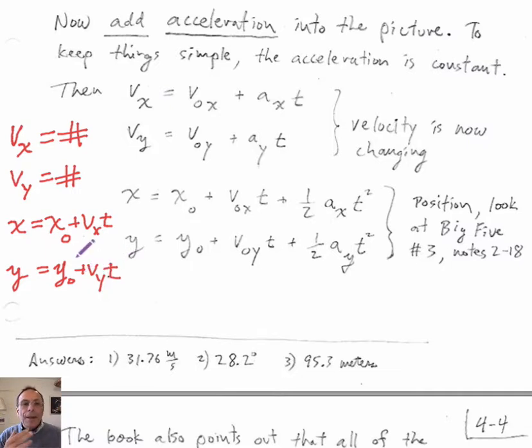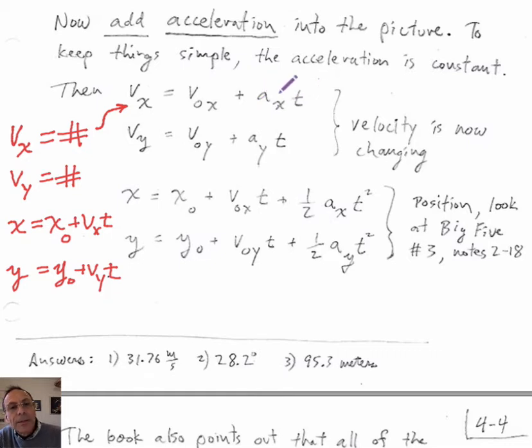All right, now if we have acceleration, then our x velocity is going to look like this. It's going to be the initial x component of the velocity, which I call v sub 0x, and there's the acceleration times time.